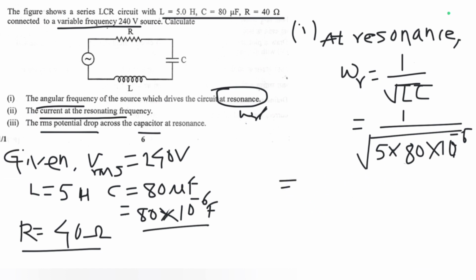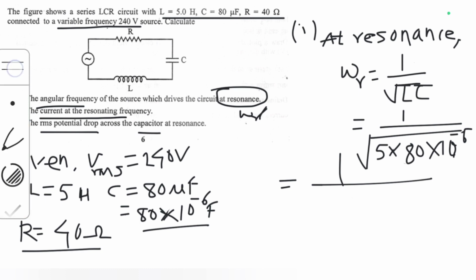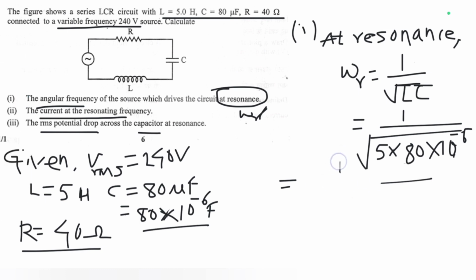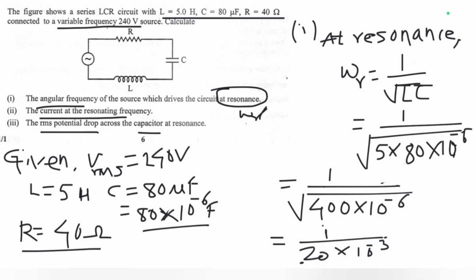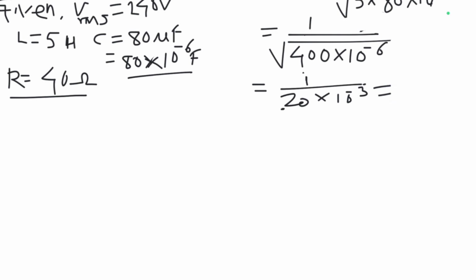So it will be 400 multiplied by 10 to the power minus 6. Okay, it will become 1 upon 20 times 10 to the power minus 3.